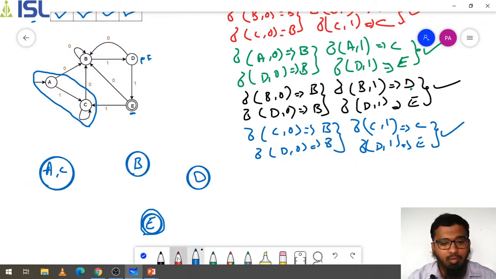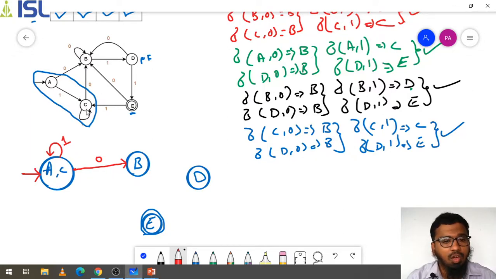Now I will draw the line with the red pen. Here AC is an initial state. A on 0 is going to B. Next, A on 1 is going to C. This is finished.